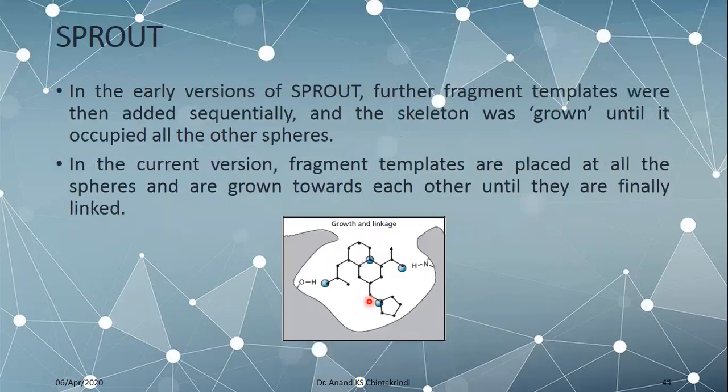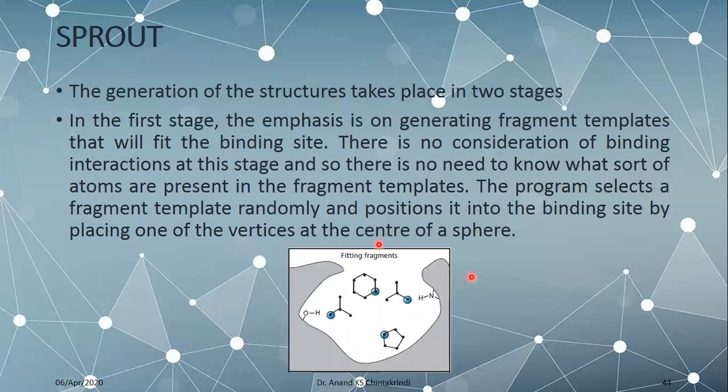The next step is that these templates are grown. In earlier versions of Sprout, the further fragment templates were added sequentially. In the current version, the fragment templates are placed at all spheres, like we have shown here, and then it joins them.